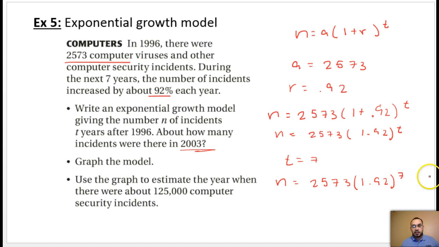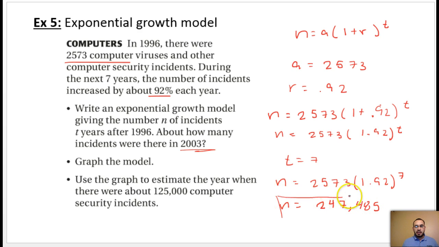You would definitely use calculators for this. We can use our iPads. Those come with built-in calculators now, and we can work this out. So by solving this, we end up that our N, the number of incidents, has increased to 247,485 viruses after 7 years.